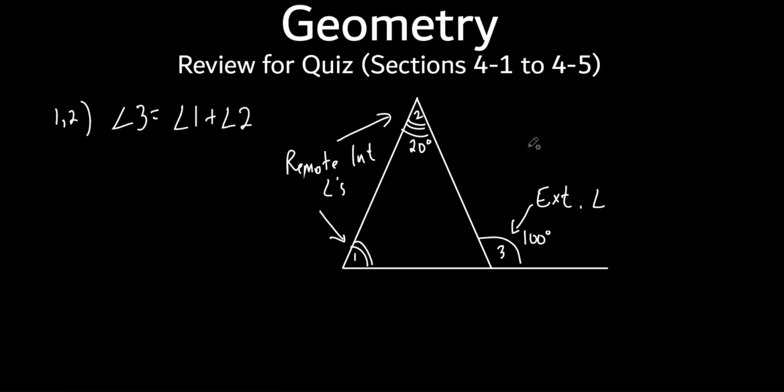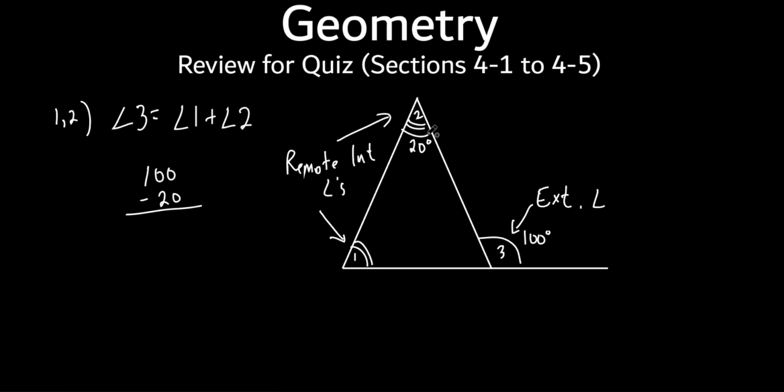So what do you think I would ask you? Find angle 1. That's right. So how would you find angle 1 if I gave you those things? Would you do all that? You could, but I think you could do it a little bit simpler. Just go 100 minus 20. That'd be the easiest way to do it. Because remember, these add up to be this.